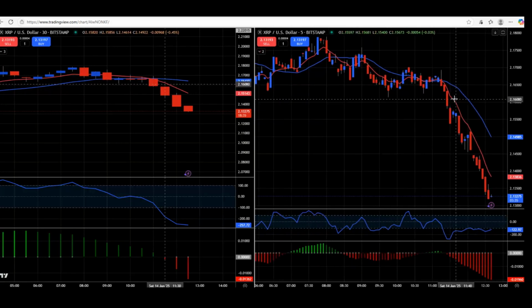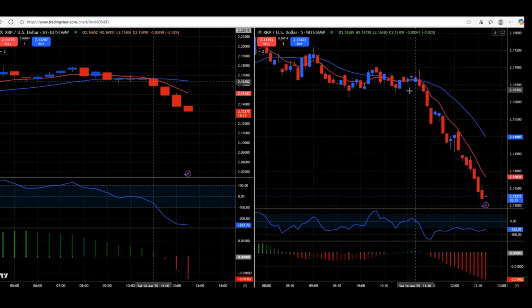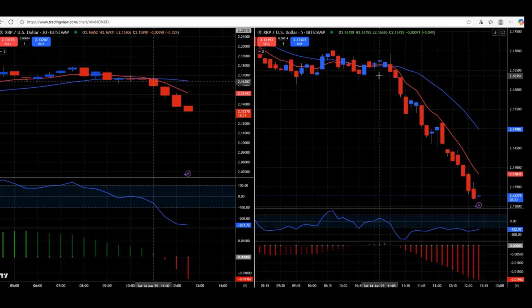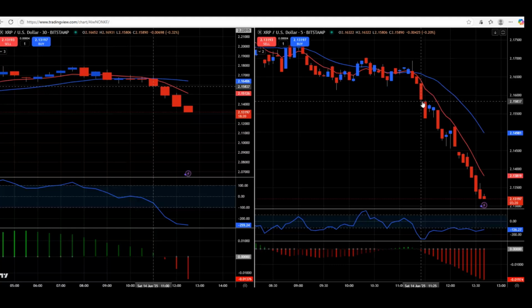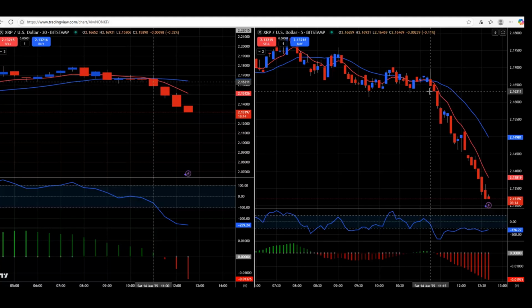So as we go over to the right hand side, we notice that simultaneously, guys, on the 5 minute chart, we had a strong bearish elephant bar in this area. So what we can say is that the consensus of the market is that we are in bearish territory.